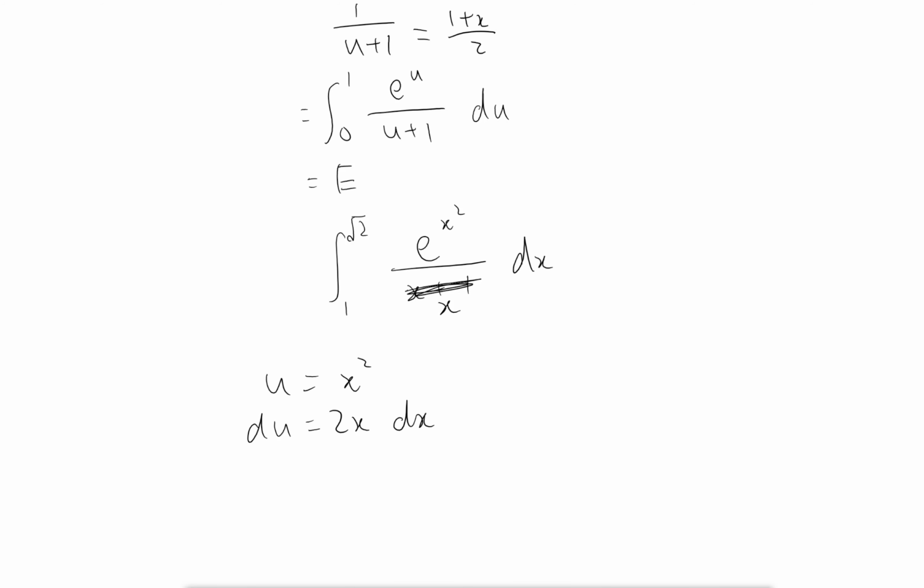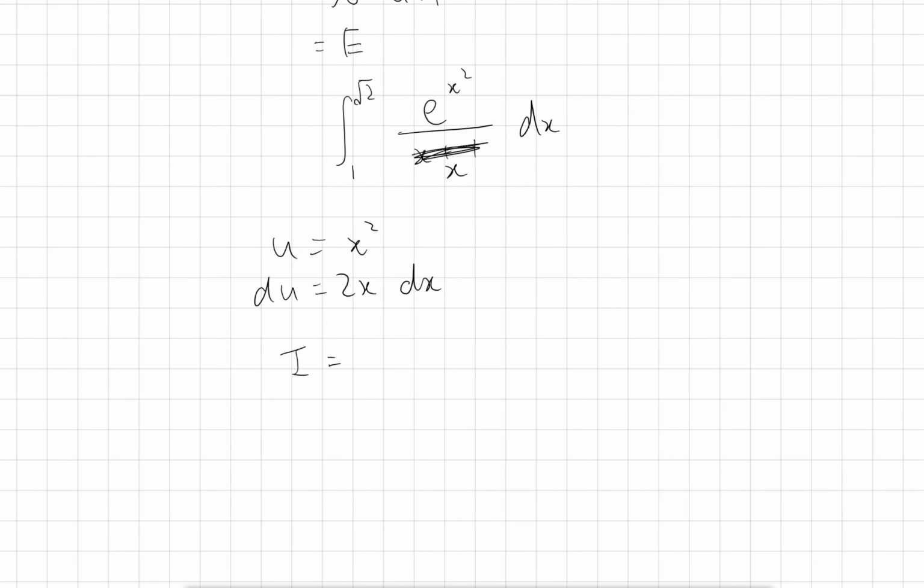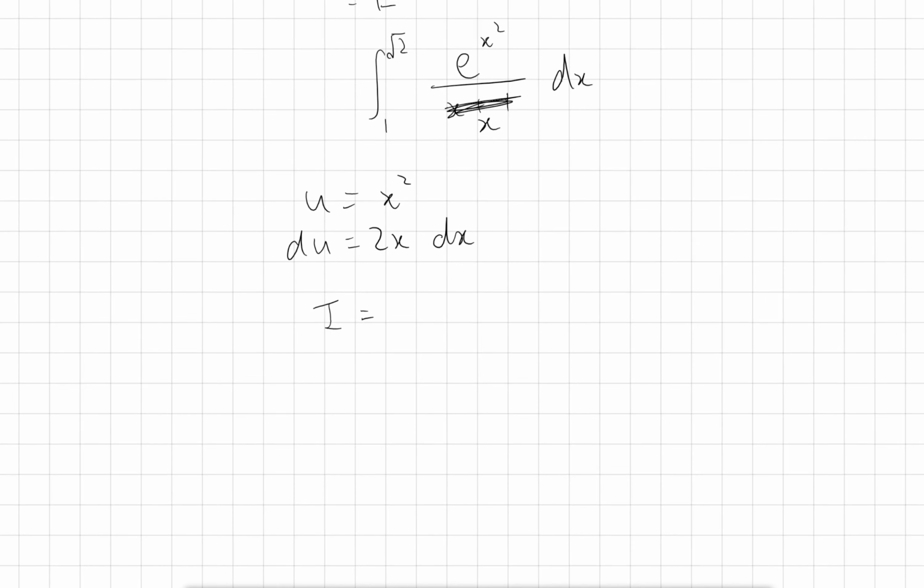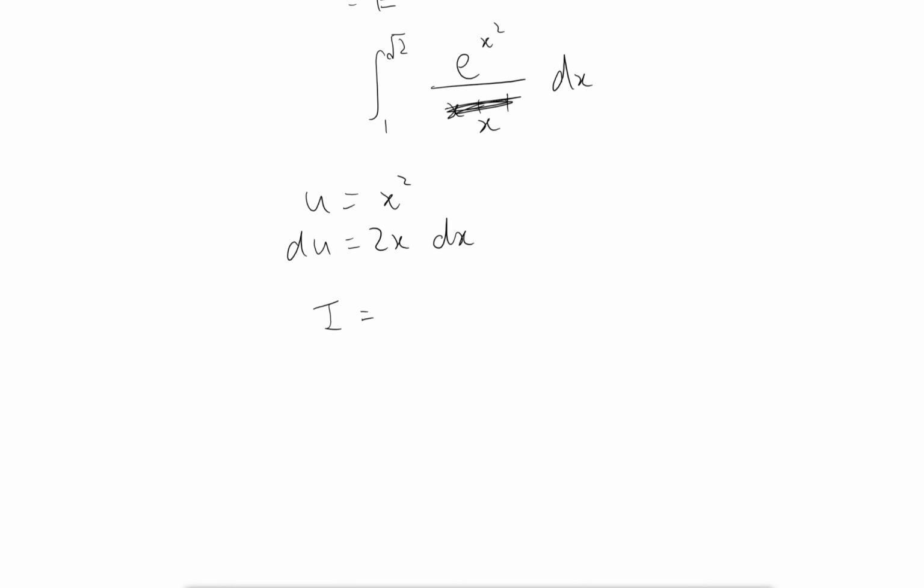Fine, so let's transform our limits. Our integral now equals the integral from 1 to 2, because we have to square the limits, of e to the u over root u.